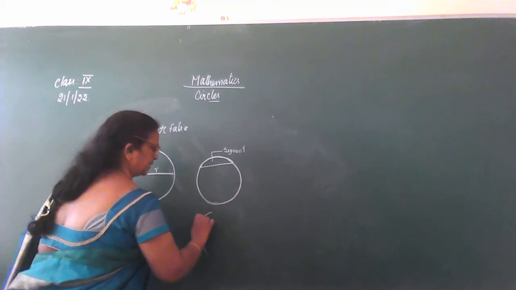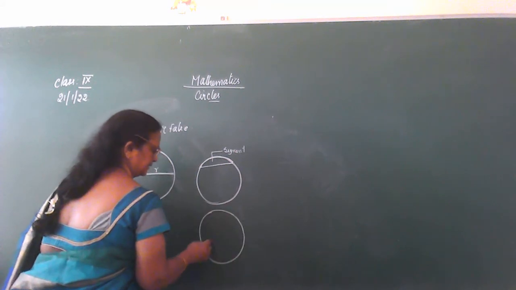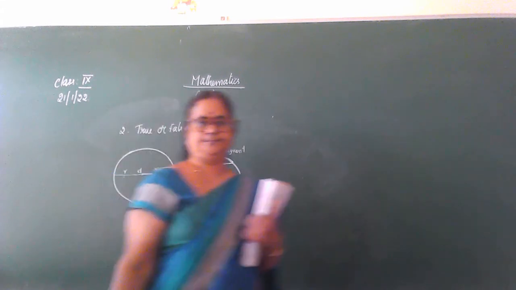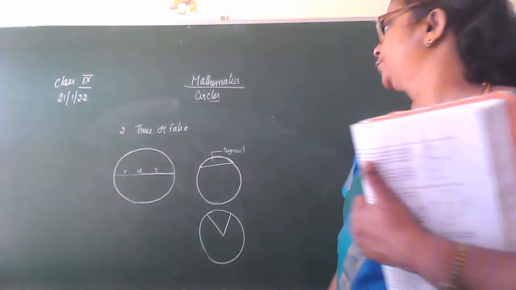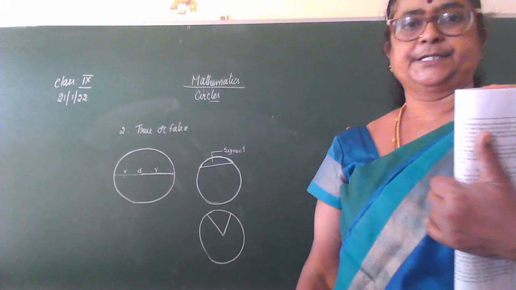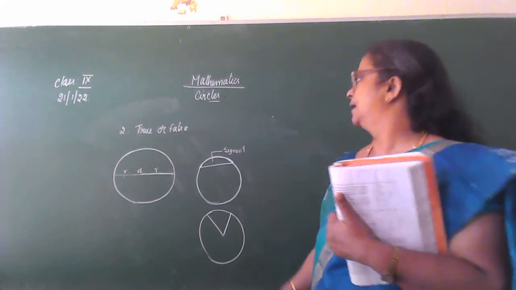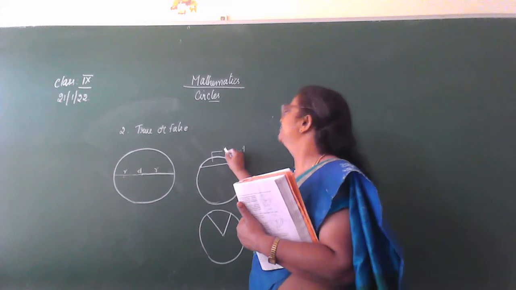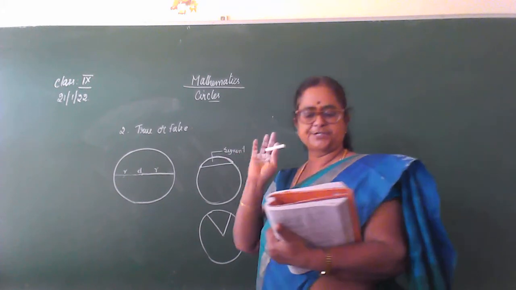Sector is nothing but an arc and 2 radii. That is not a sector. It is an arc and a chord, which will become a segment, not a sector. That is false.